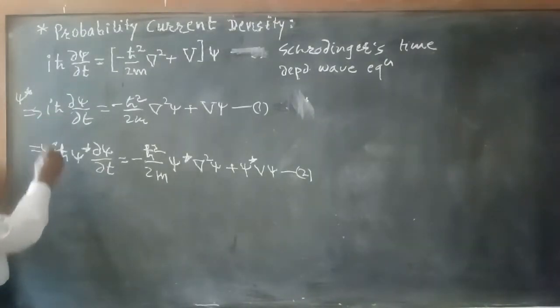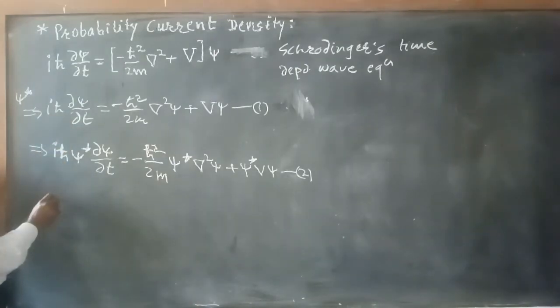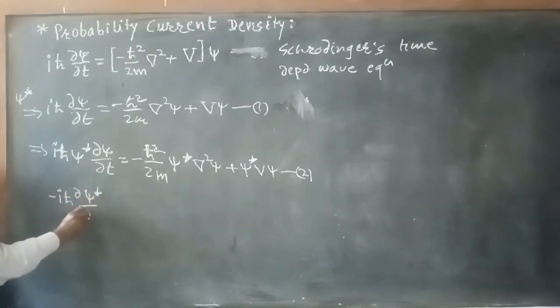So, taking the complex conjugate of this equation, we are getting minus i h cut, since the complex conjugate of i becomes minus i, delta psi star, the complex conjugate, divided by delta t.